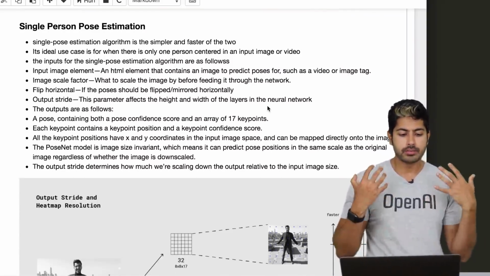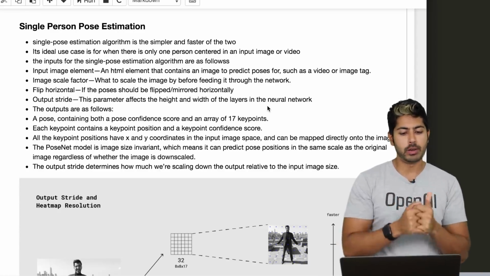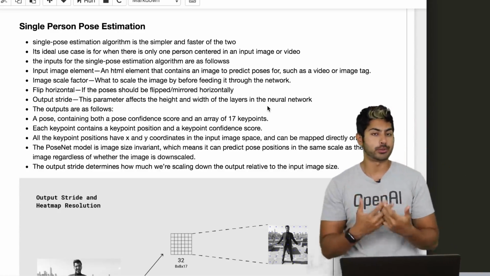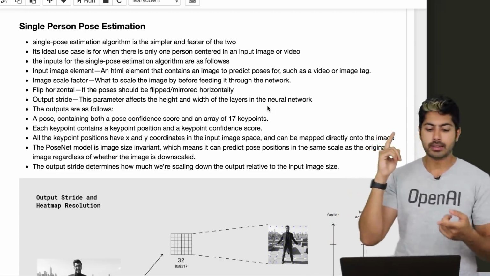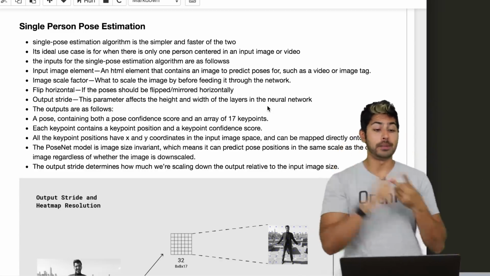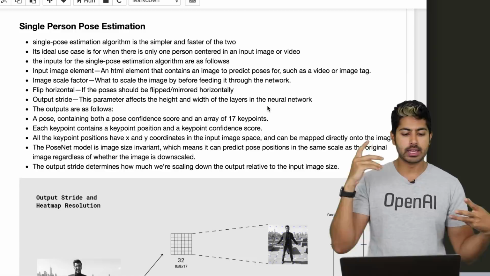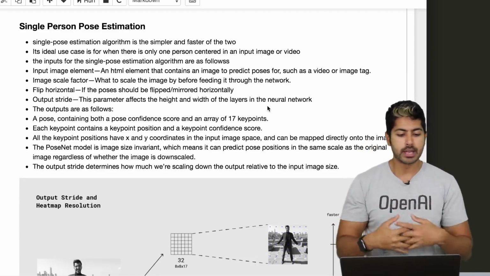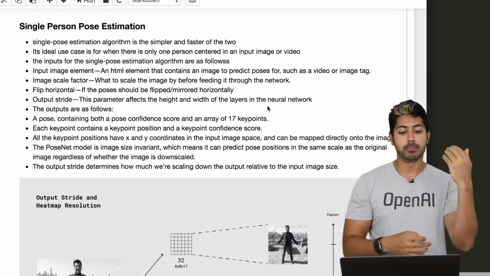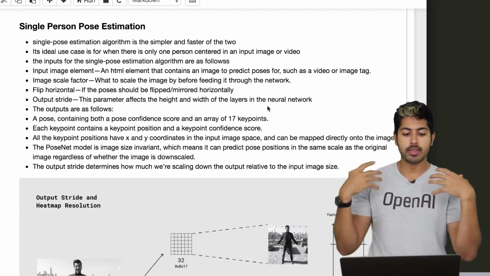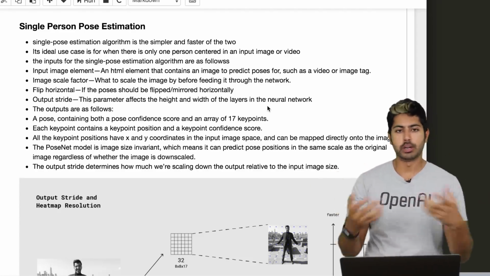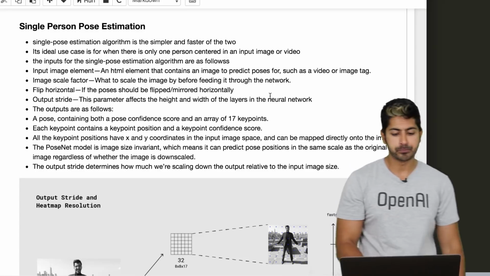This single pose estimation model requires a couple of inputs, right? A couple of parameters: how much to scale the image, whether or not to flip it horizontally, what the image is, and what the pose is. The outputs are going to be the pose itself, the key points, and then the model logging data that you add in as well.